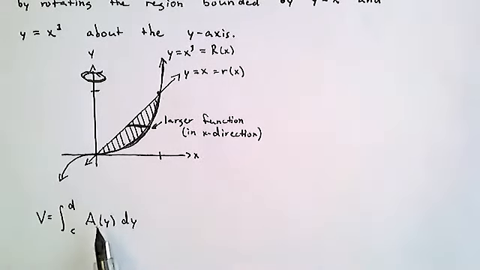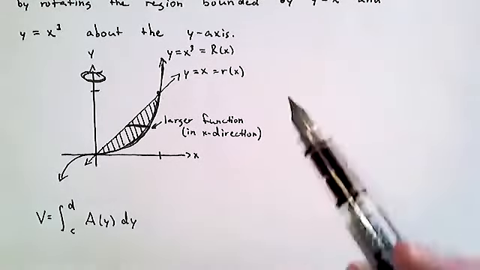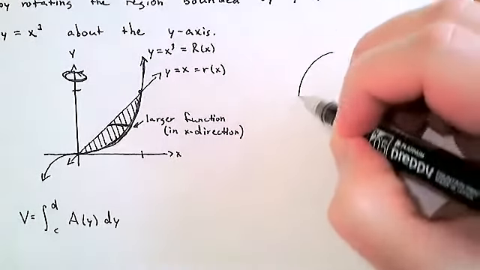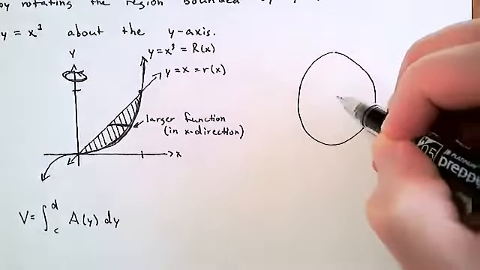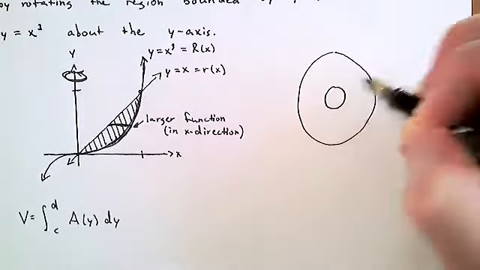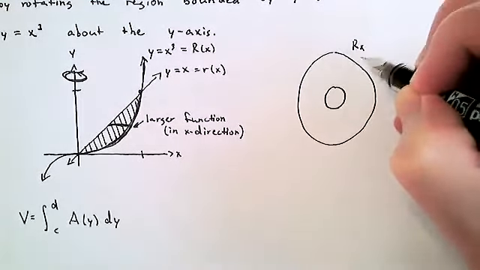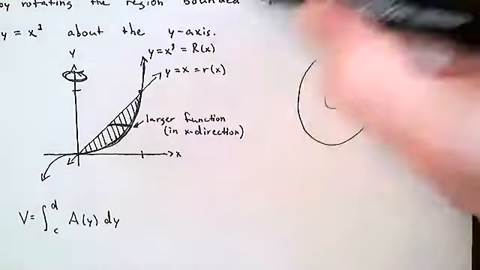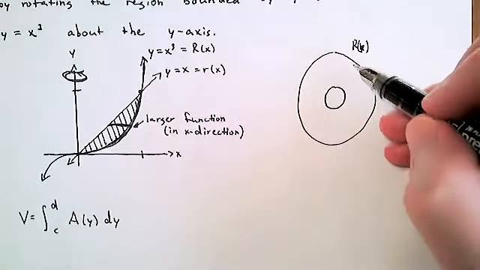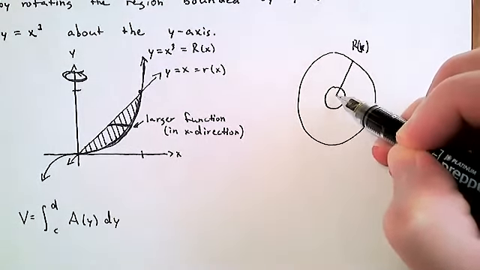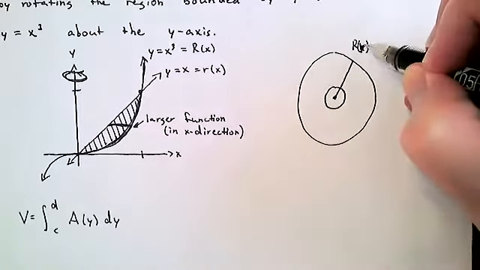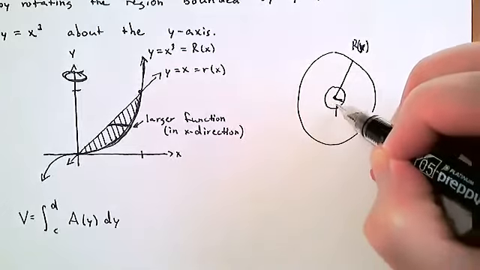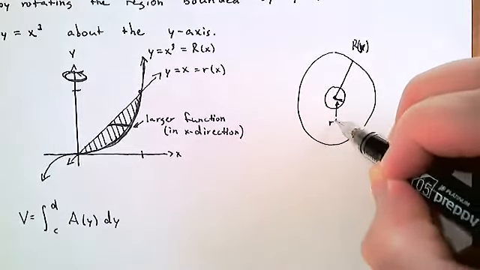And now all we have to do is find the area of our cross sections, but these are just the disks again, like before. This should be an r of y. And this is a little r of y, lowercase r.